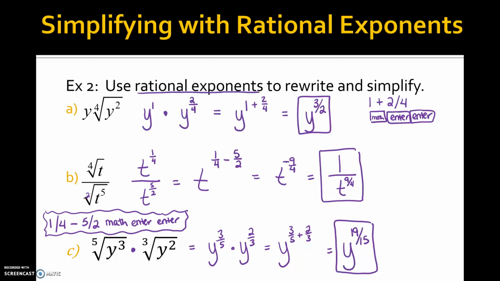On a scientific calculator, you would do 3 ABC button 5 plus 2 ABC button 3, enter. It's probably going to give you a mixed number, so you'd have to push second and then your ABC button again to change it back into an improper fraction.